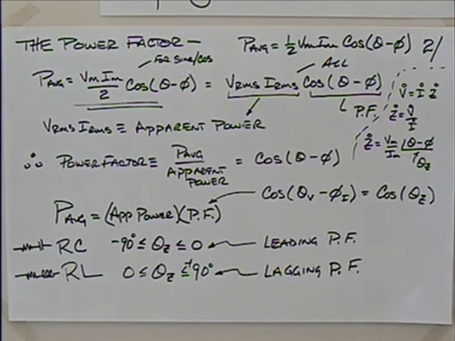Okay. So if someone describes a circuit to you with a leading power factor, they're saying, hey, it's predominantly resistive and capacitive. Does that mean there's no inductors? Not necessarily. It just means the capacitors outshine the inductors. It's predominantly capacitive. If they describe it with a lagging power factor, what are they telling you?